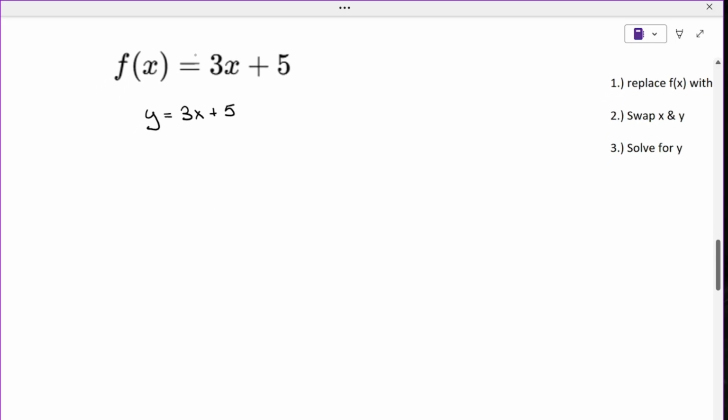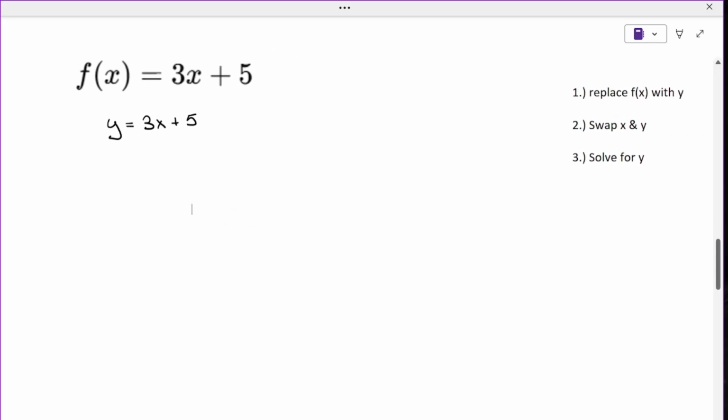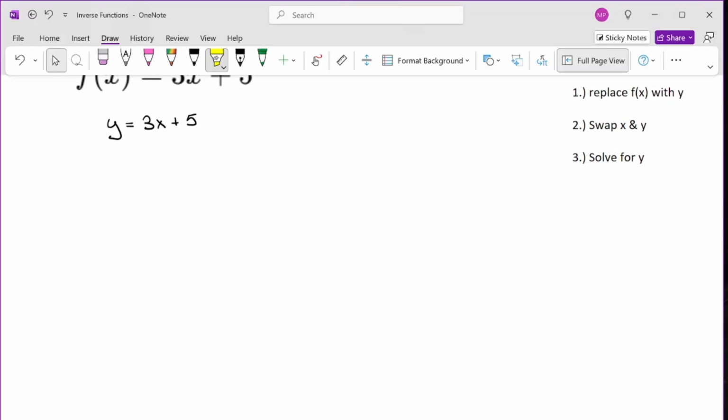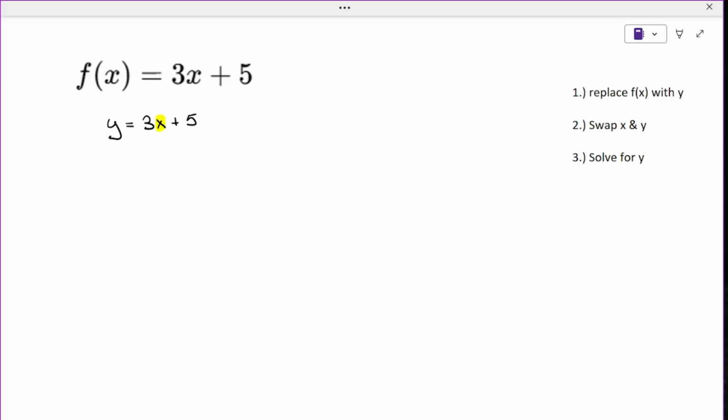So I'm going to take this x value right here, and this y value, and all we're going to do is swap them, right? Okay, so now we have x equals 3y plus 5.